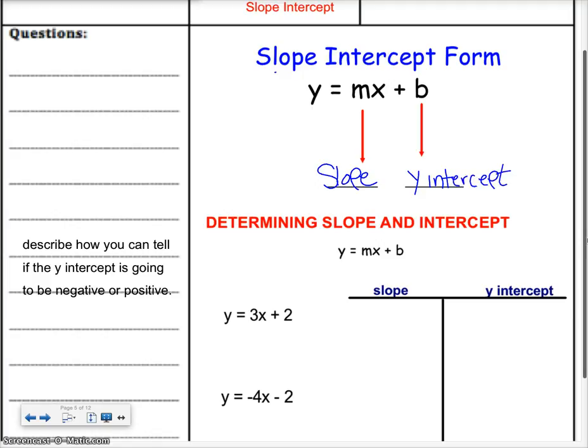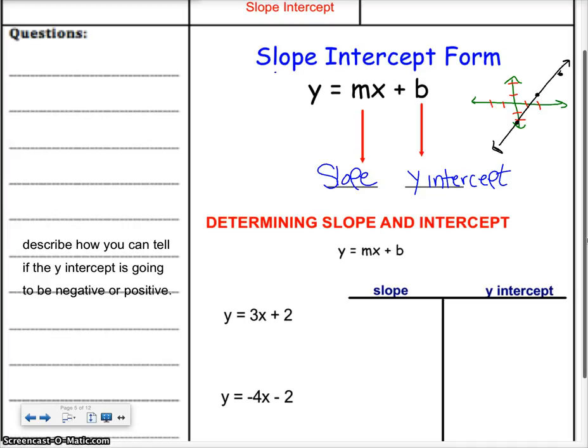For example, if I had an equation of a line, and you don't have to write this down, I just want to show you how I can easily create an equation of a line. Let's say that my point was here and then I went up 1, 2, 3 over 2. Up 3 over 2.